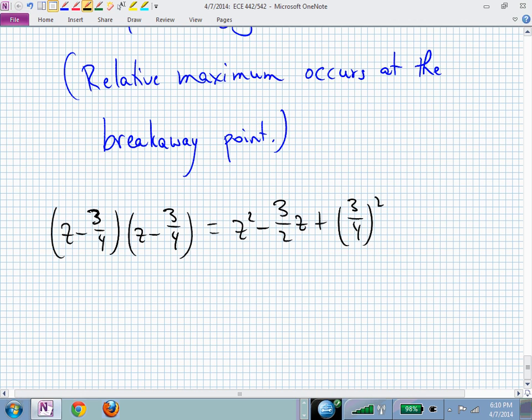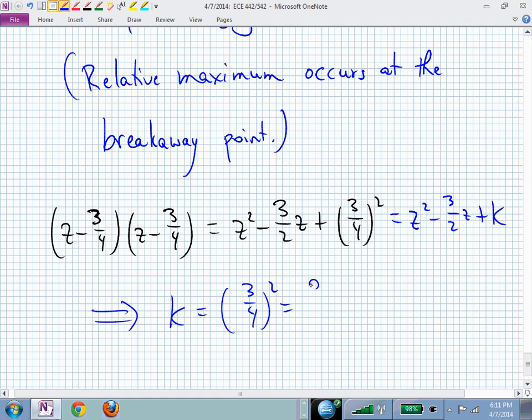But if you didn't already have k calculated, you could say, well, my closed loop characteristic polynomial had that structure. My k was only in one place, and it was with the constant coefficient, and that would be another way of finding the k value instead of evaluating it from the k expression that we had before.